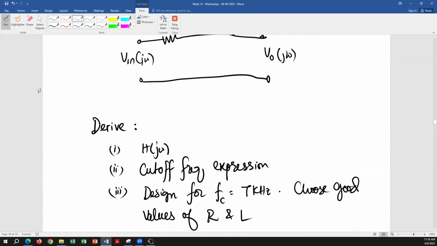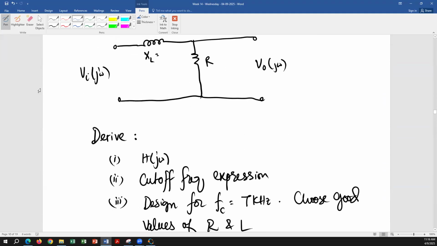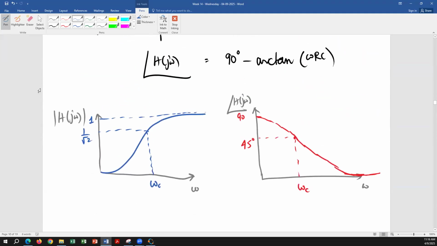So for example, for the high pass filter, you have the cutoff frequency here. Then you also have in general the stop frequency, and then the cutoff frequency, and anything after the cutoff frequency is the pass band. So basically you have the stop band in general from 0 to the stop frequency.